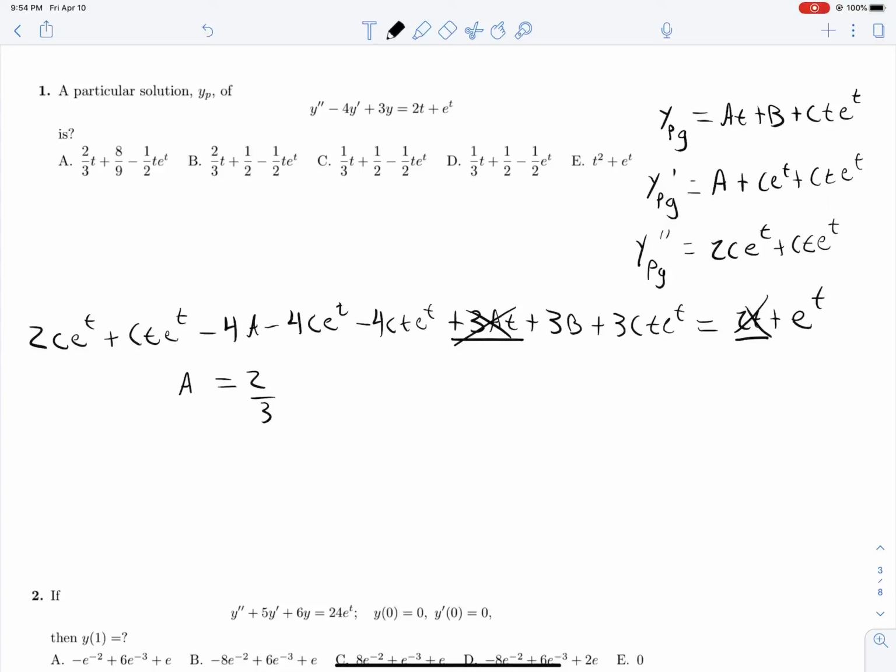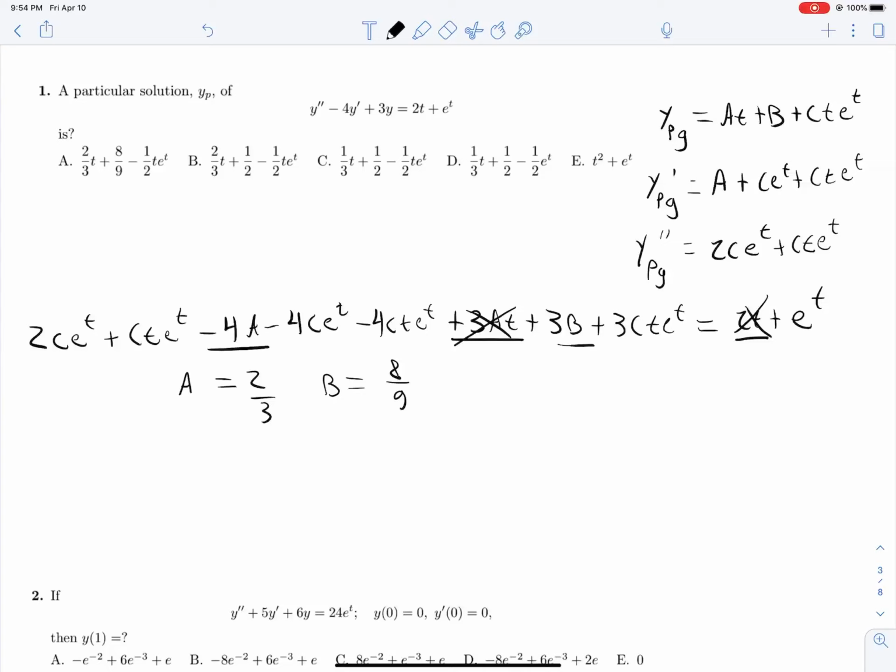Now, taking our constants, we see that we have minus 4a plus 3b is equal to 0. We can rearrange this to say 3b is 4a. We know that a is 2 over 3, so this is 8 over 3, and so b is 8 over 9.